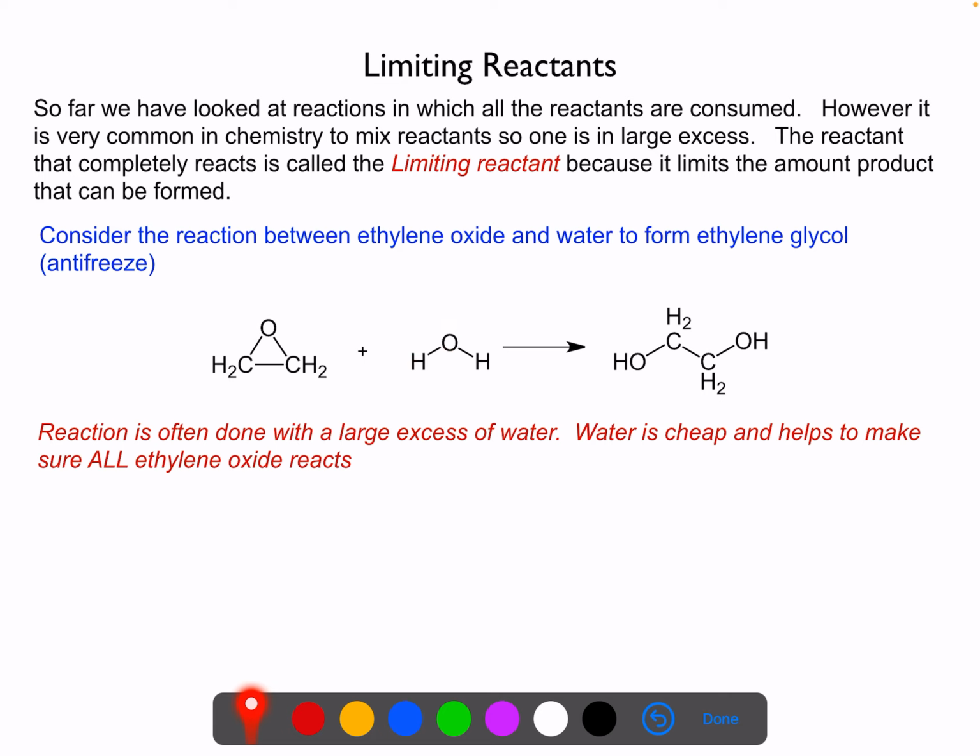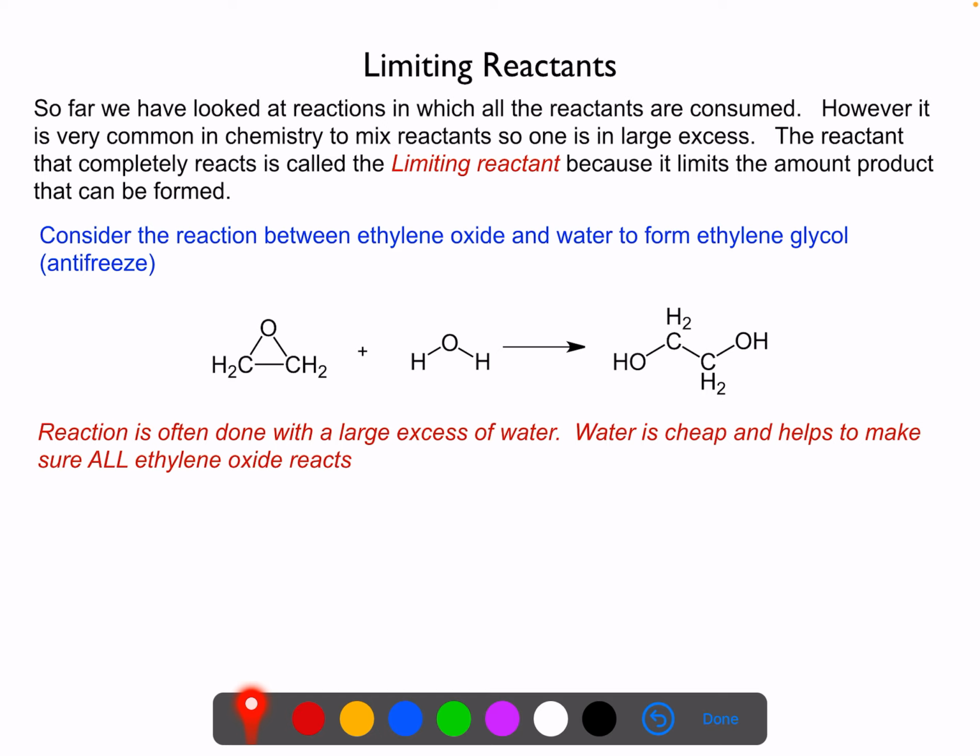So we use an excess of water, more water in the reaction than we need. We can see it's a 1-to-1 ratio, but in reality we're going to have a lot more water present than ethylene oxide. And so we say ethylene oxide limits the amount of product that we can make. That is our limiting reactant.